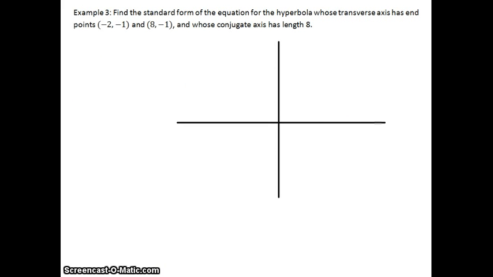We want to find the standard form equation for the hyperbola whose transverse axis has endpoints at (-2, -1) and (8, -1), and whose conjugate axis has a length of 8. Let's go ahead and plot these points and plot points that make up our conjugate axis and try and come up with the equation based off the graph.